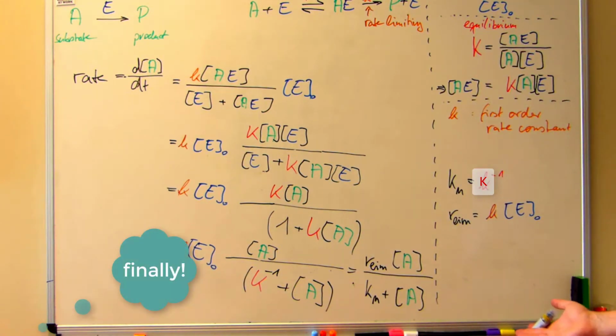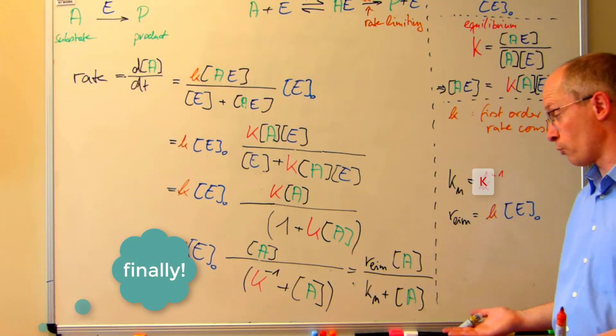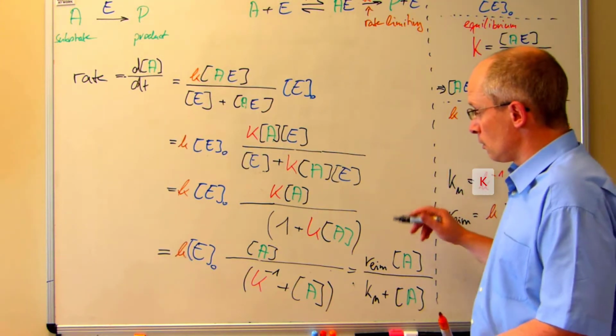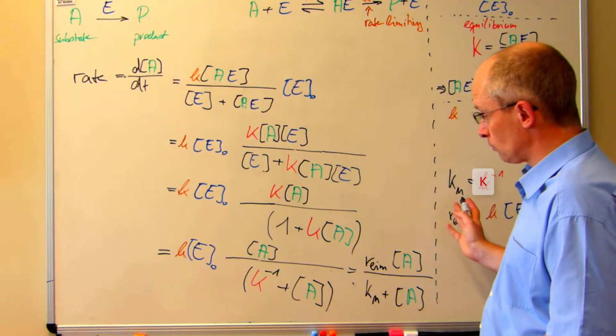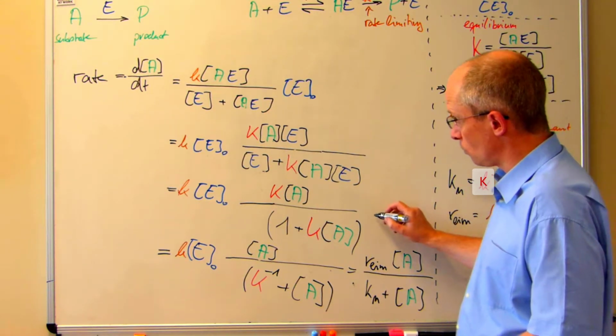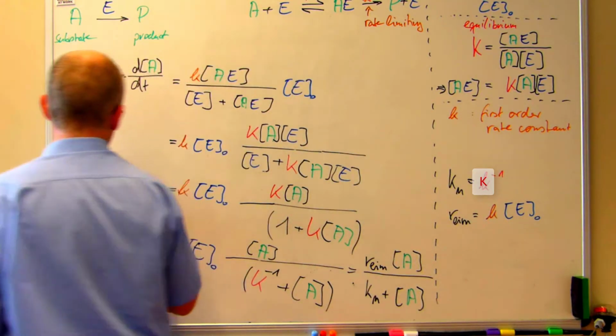Which is hopefully convincing the Michaelis-Menten form of this equation. Does not need to be done, because actually we have finished here. So this is my true rate equation. Yeah?